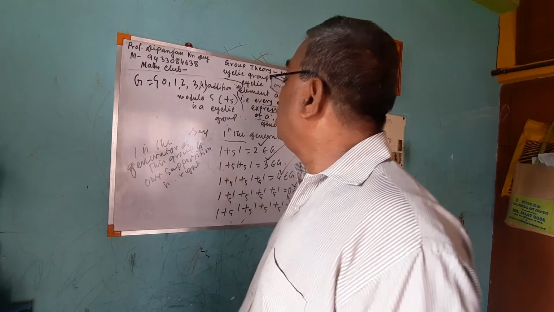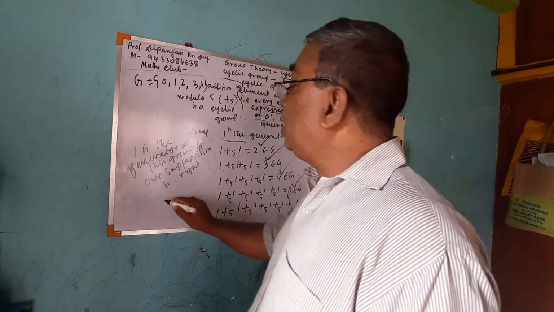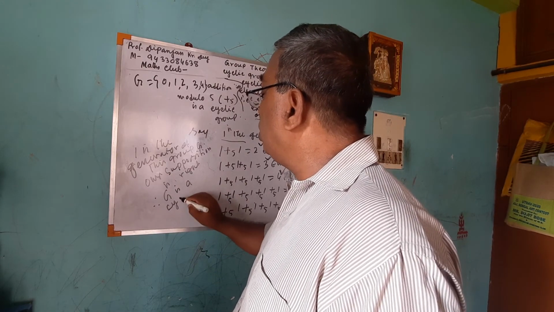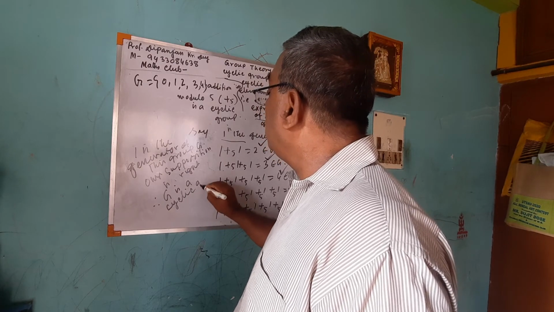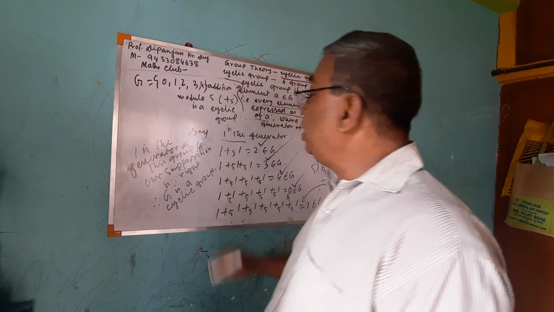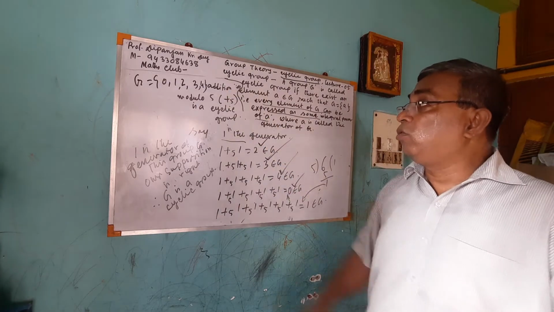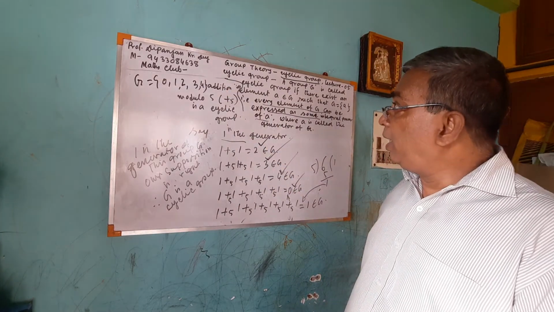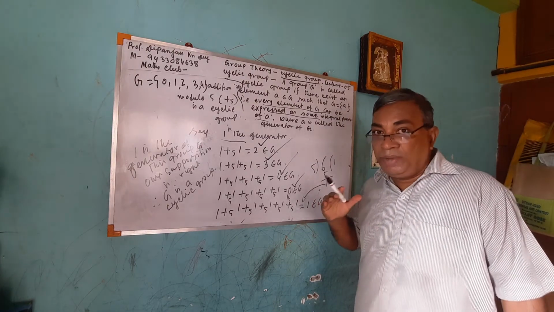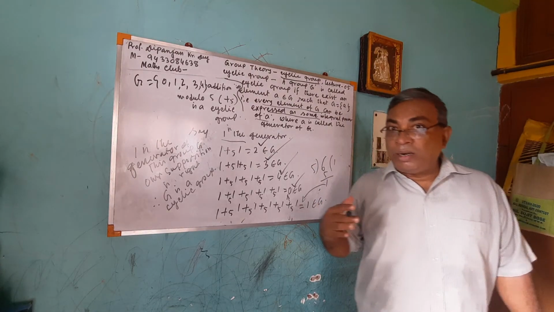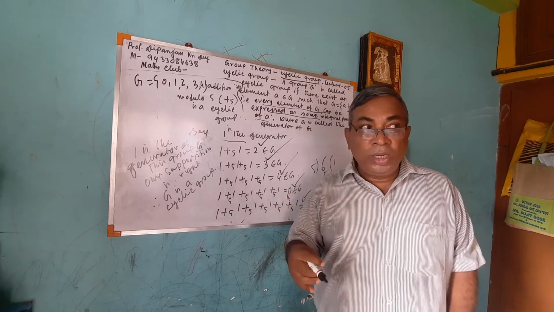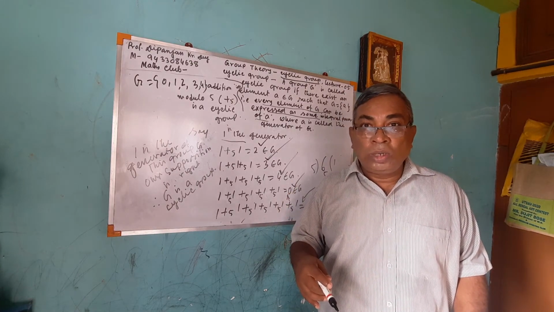Therefore we can say G is a cyclic group under addition modulo 5. I think everybody understood very clearly. I have tried to give a clear concept of the cyclic group.